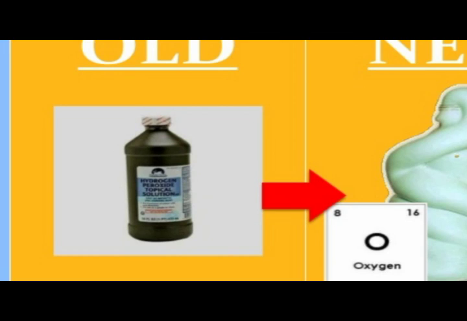It's just a simple solution. As it is hydrogen peroxide, two elements are present in it, hydrogen and oxygen. When two elements are present in it, it means it's not an element, it's a compound. So in the old picture, it is a solution of hydrogen peroxide.